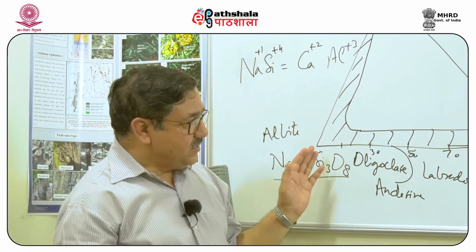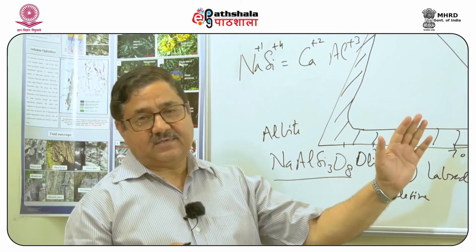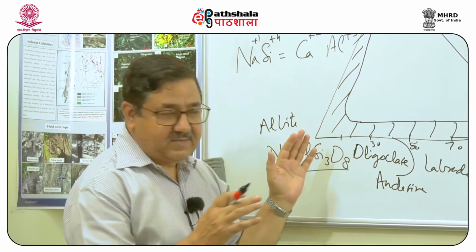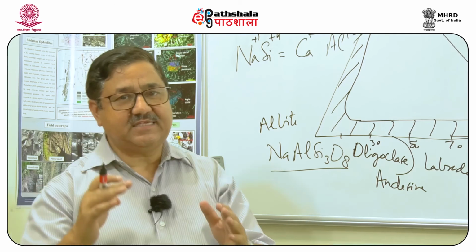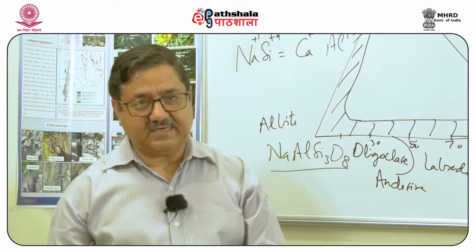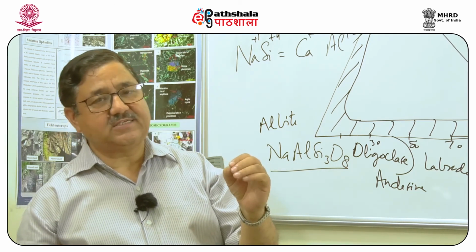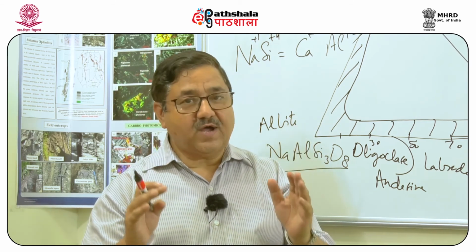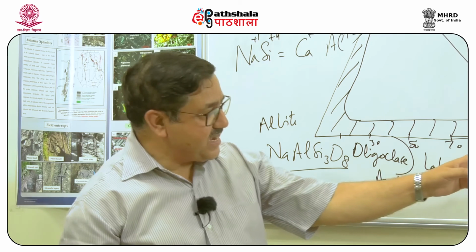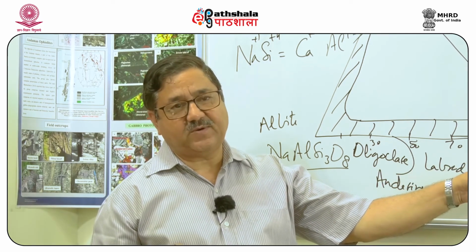Now, plagioclase is very well explained when there is melt crystallization under equilibrium conditions. That is, a plagioclase which is crystallizing slowly from a melt will first make a calcium-rich plagioclase.